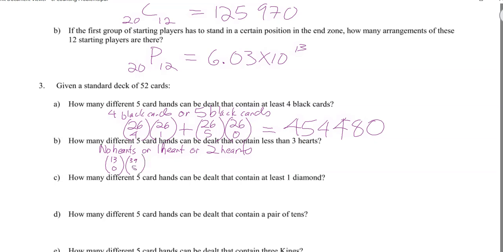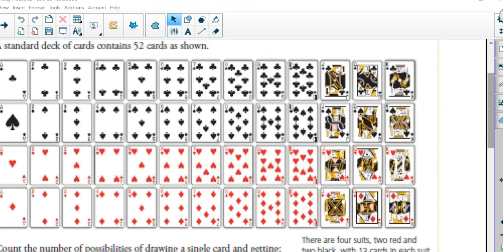Right? So a deck of cards is split into 4 suits. Hearts is one of those suits. Okay, so I just wanted to come here just to show you a deck of cards. So there are 13 ranks: ace, 2, 3, 4, 5, 6, 7, 8, 9, 10, jack, queen, king. The jack, the queen, and the king are called face cards.